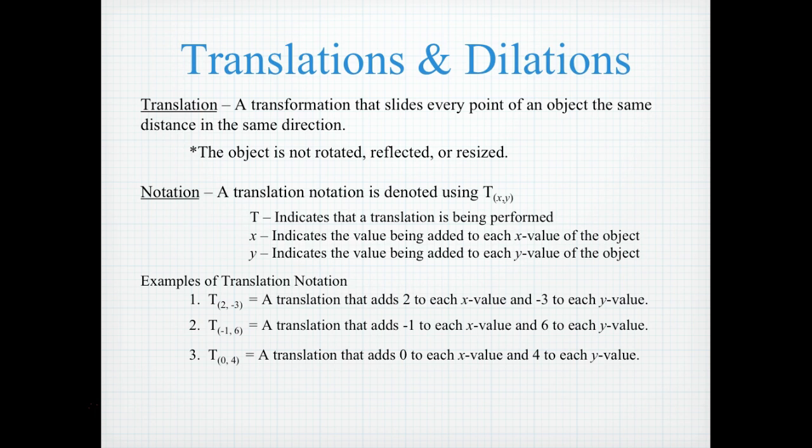A capital T with 0 and 4 indicates we have a translation that adds 0 to each X value of the pre-image and 4 to each Y value of the pre-image. And lastly, -7 and 0 indicates we have a translation that adds -7 to each X value of the pre-image and 0 to each Y value of the pre-image.